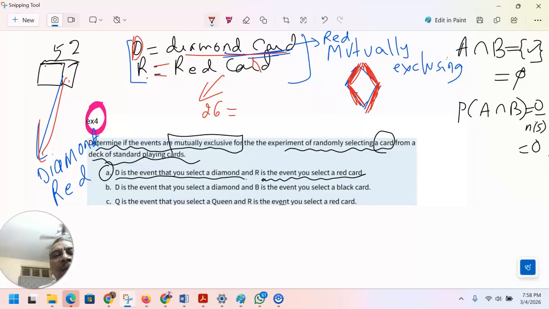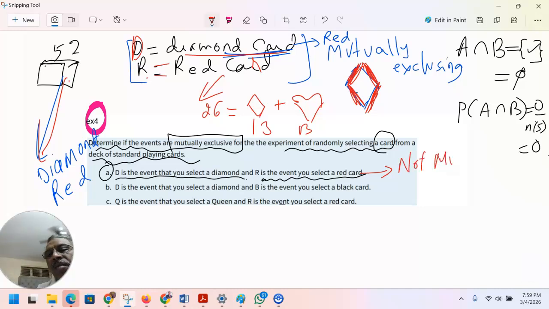How do you get 26? Because there are 13 diamonds, and there are hearts also. So there are 13 here and 13 there. That means this is an example of events that are not mutually exclusive, because there are cards which are common to both.